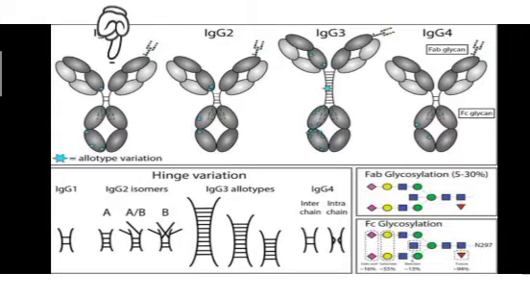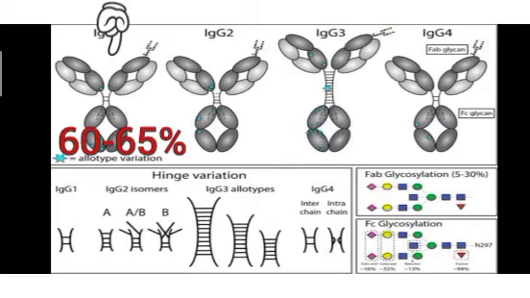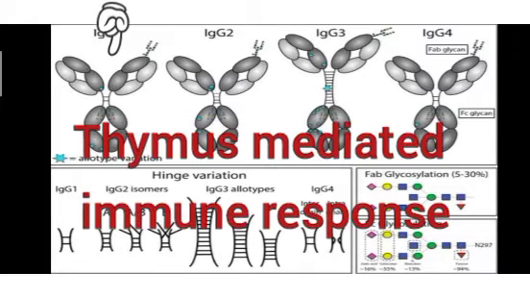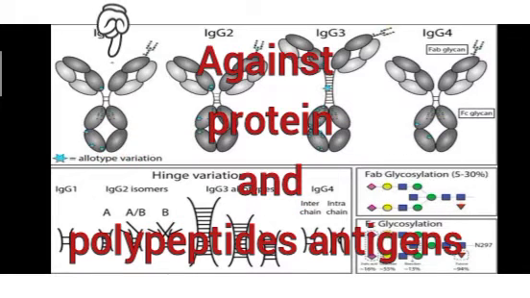IgG1 comprises 60 to 65% of the total main subclasses of immunoglobulin G and is predominantly responsible for the thymus-mediated immune response against protein and polypeptide antigens.